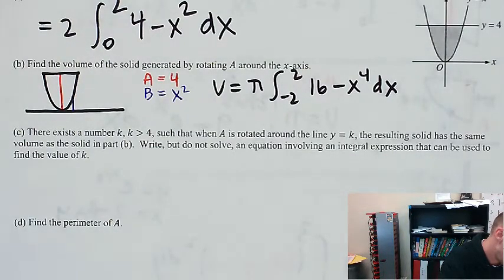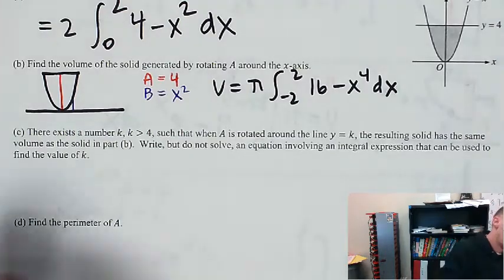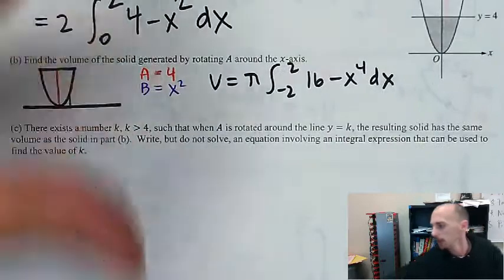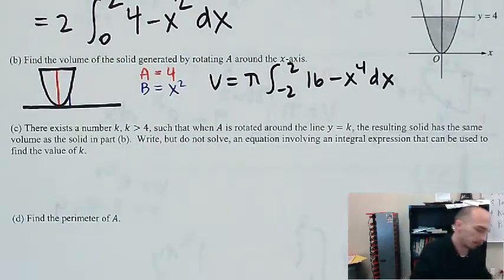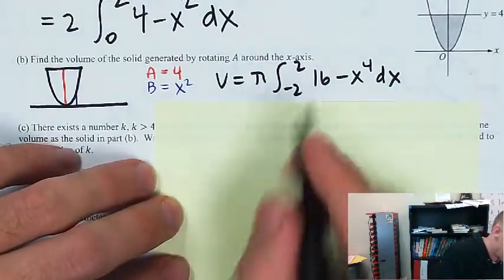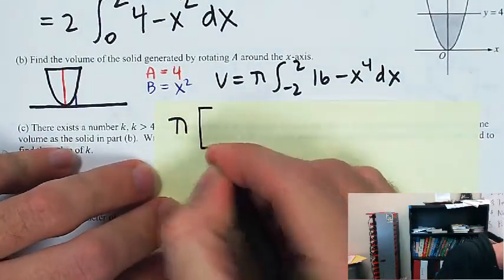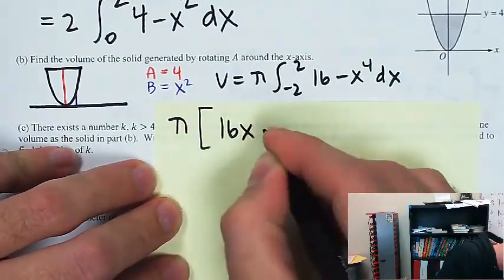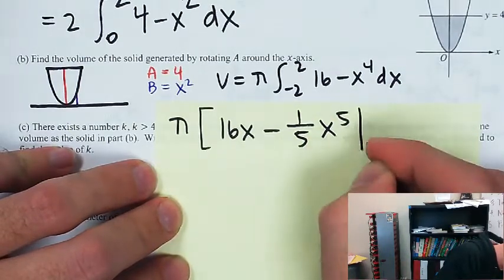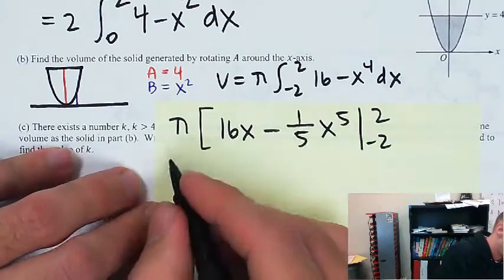Oh, but we need that for the next part, so I'll show you how to do it. I might need more room than I've provided, so I'm going to go over here, add a post-it note, and say, all right, this is pi times 16x minus 1/5 x to the 5th, x running from -2 to 2.